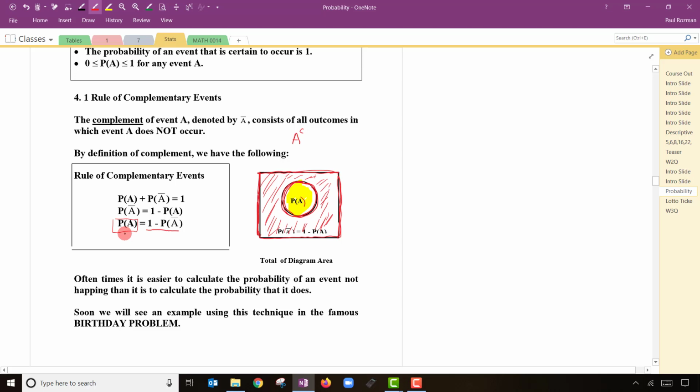This particularly will happen when we have situations of or, where you have the probability of A or B or C or D. That's difficult to calculate directly. It's much easier to figure out the opposite of that. We'll see a fun example of that when we get to this birthday problem that's coming up. It's sort of a neat example. Somewhat counterintuitive, actually, but pretty neat.